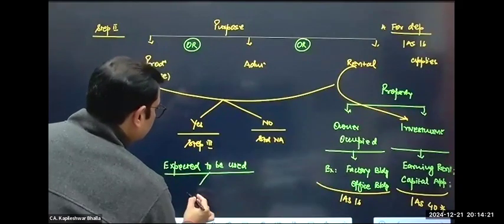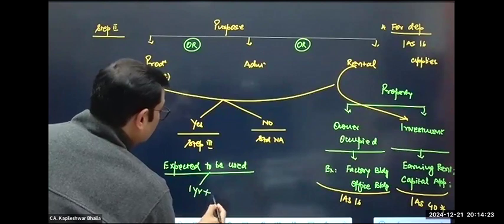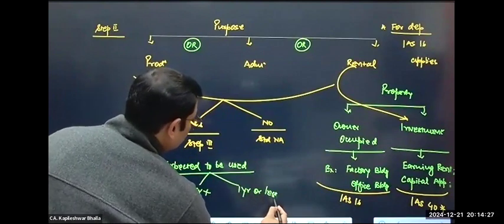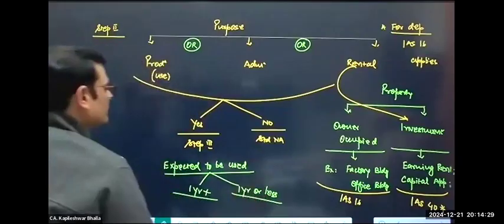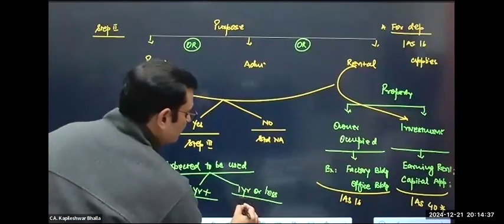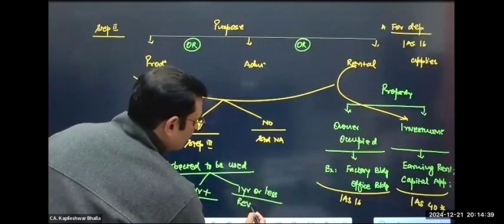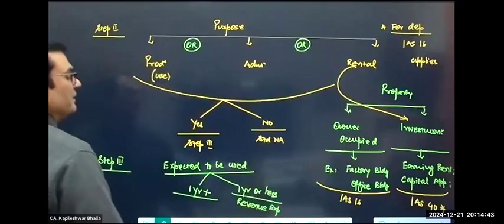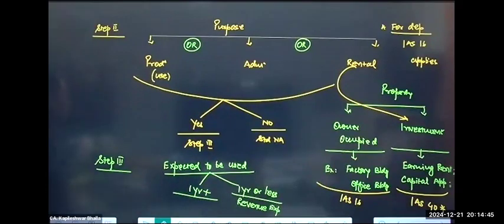So if you say that it is 1 year plus, or if you say it is 1 year or less, if it is 1 year or less, what should be the course of action? Less than a year, OPEX or prepaid? Revenue expenditure. We're going to charge the expense in the P&L because the benefits are not for long, it's revenue.